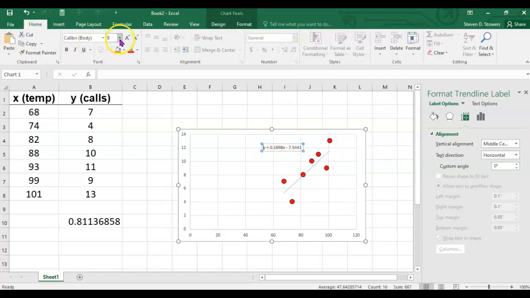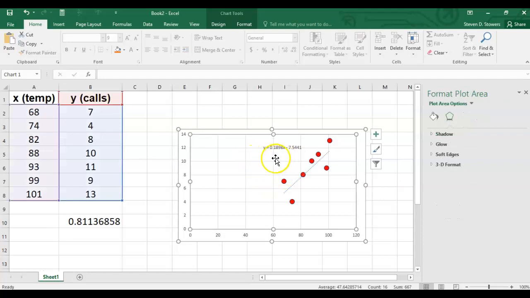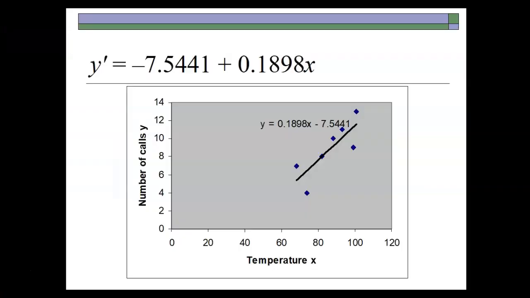Then if I wanted to, I could change the size of the font to make it easier to see. But there you see the equation they have is y equals, and they put the x term first, which is a different way of writing it, but it's the same equation we got, 0.1898x minus 7.5441. So there it is on the chart.